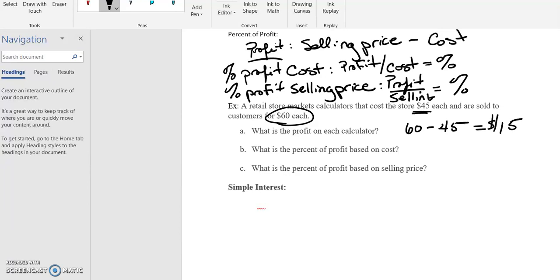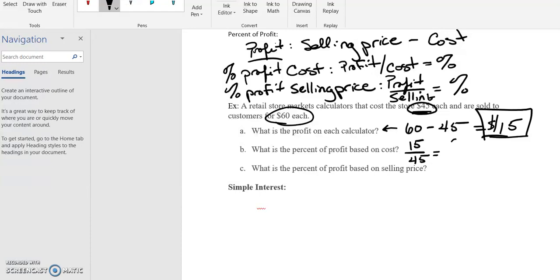Now, what is the percent profit based on cost? Well, we've got that formula up here. The percent profit based on cost is my profit divided by my cost. We just calculated our profit as 15, so that is simply 15 divided by, and what did it cost us? It cost us $45. So 15 divided by 45. I can reduce that fraction pretty easily.